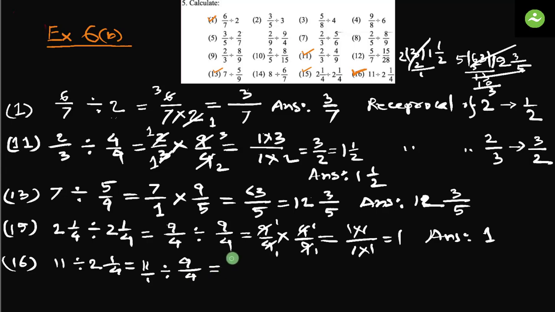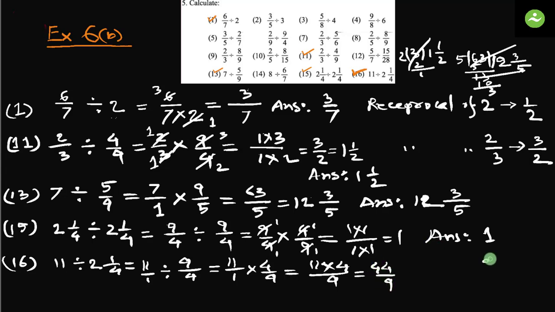Equals 11 over 1, change the sign to multiplication, use the reciprocal, the reciprocal of 9 over 4 is 4 over 9. Check if we can reduce it. No, we cannot reduce it. So 11 into 4 over 9 equals 44 over 9.